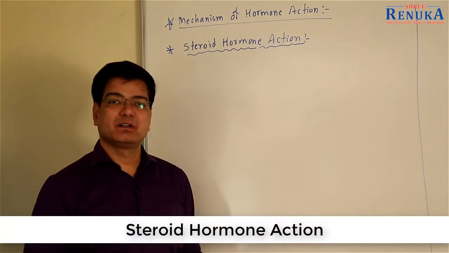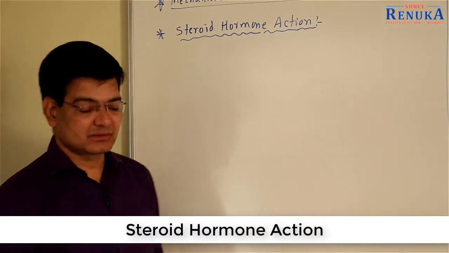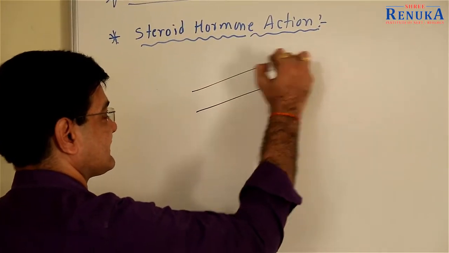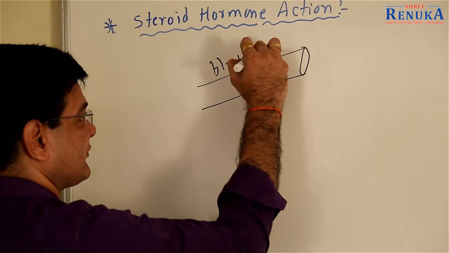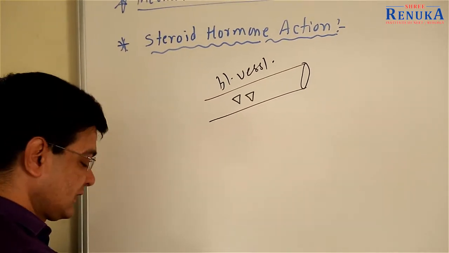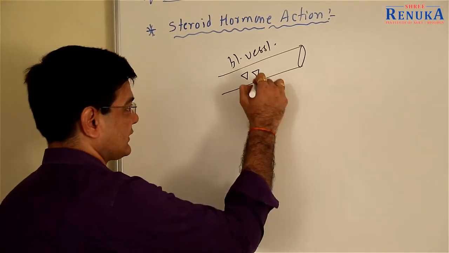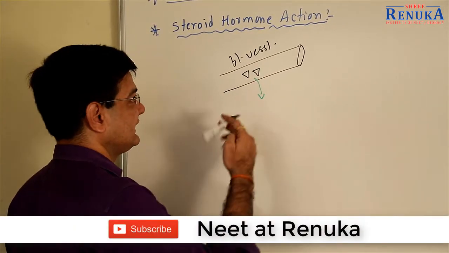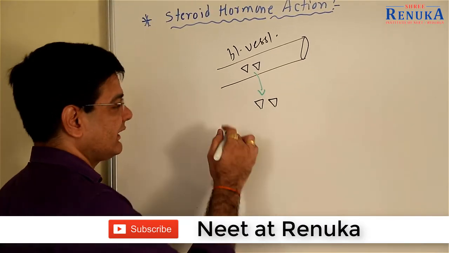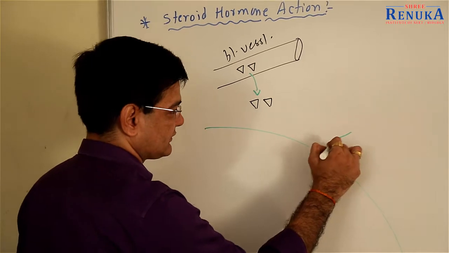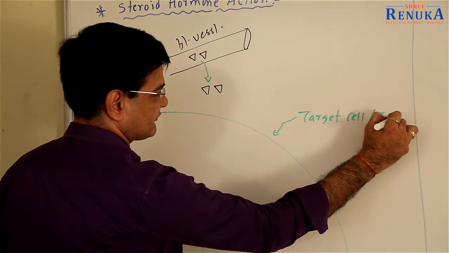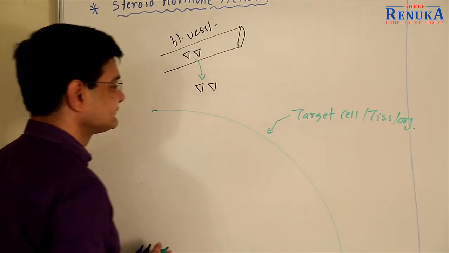Let's talk about steroid hormone action first. Hormones are always conducted through the blood vessels. Simply, blood is responsible for the transport of hormones. These hormones diffuse out from the blood vessels near the target cell and then enter into the target cell or the tissue or the organ.